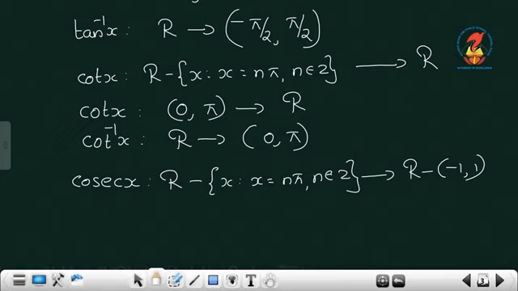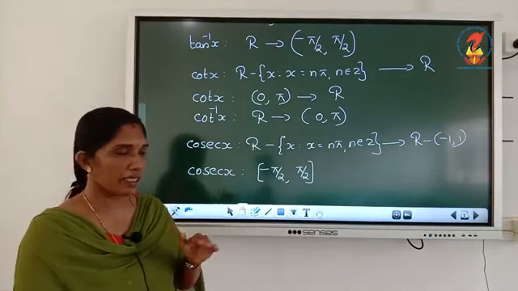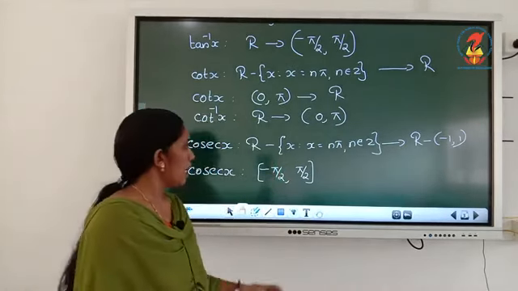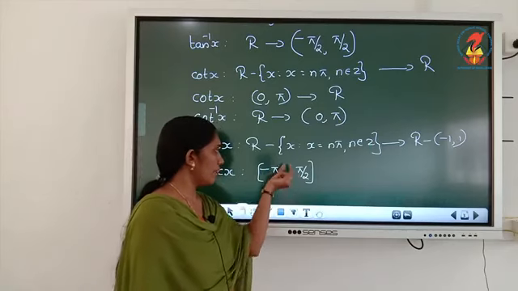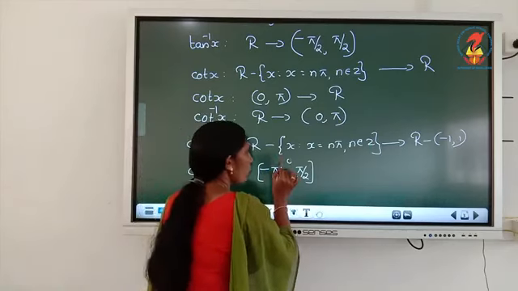Again the function is not 1-1 and onto. We have to divide into subintervals. So cosec x is 1-1 and onto in the interval minus pi by 2, pi by 2. Here it is a closed interval, cosec means 1 by sine, sine pi by 2 is defined. But in this interval we have the point 0.